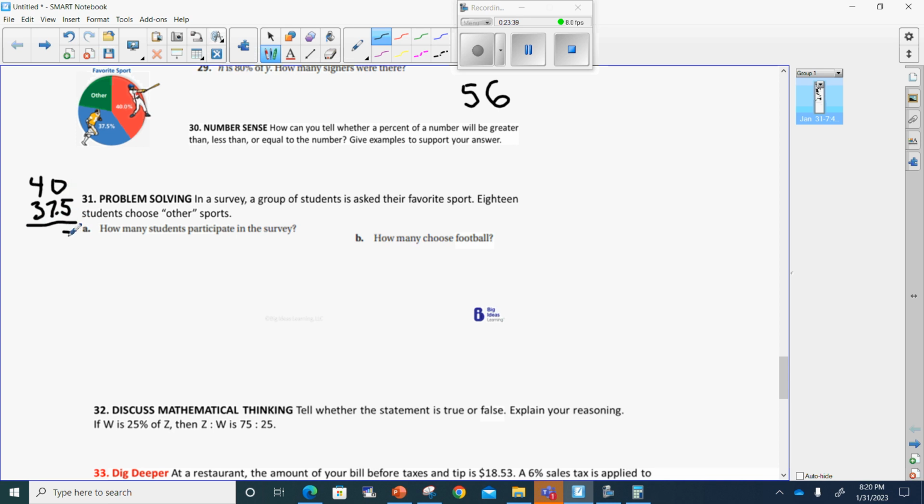And when I add these together, I'm going to get 77.5. So now we've got to take 100 and minus, remember everything operates off of 100%. We're minusing 77.5 from that to find out, okay, what percent was other.